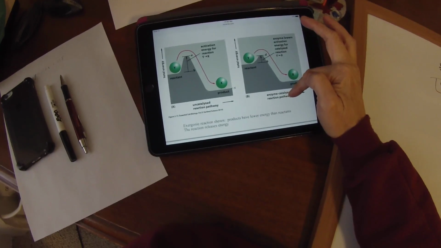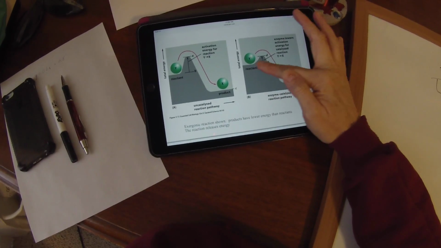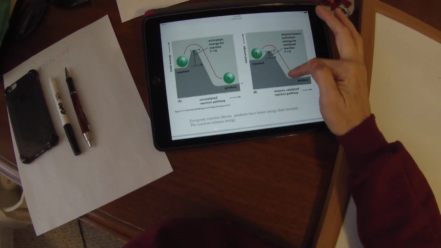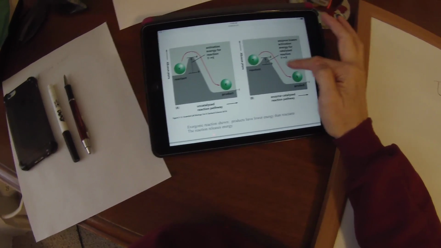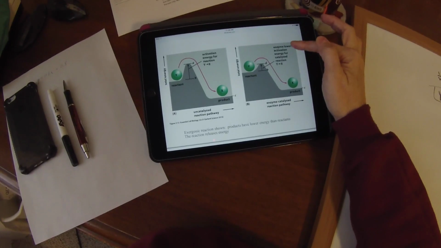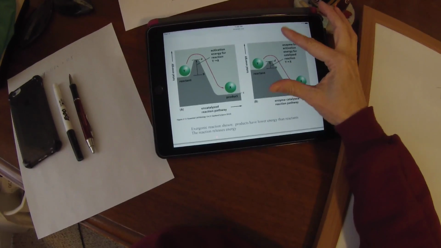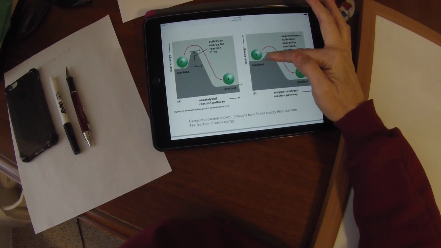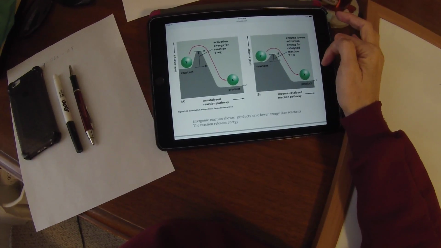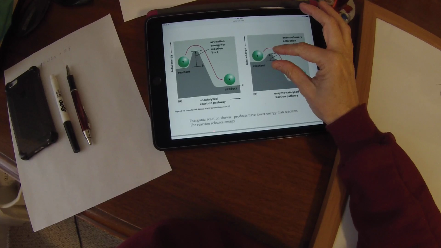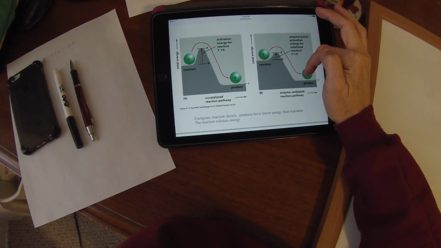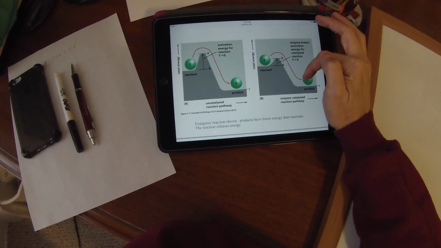So for enzyme catalyzed pathways, there's not as much of a temperature increase that has to happen in order to make the reaction go. And so the utility of enzymes is that they lower the activation energy. So enzymes reduce the amount of energy that you have to put into a system to make it go, and that represents changes in energy in the cell that are viable and tolerable, usually.